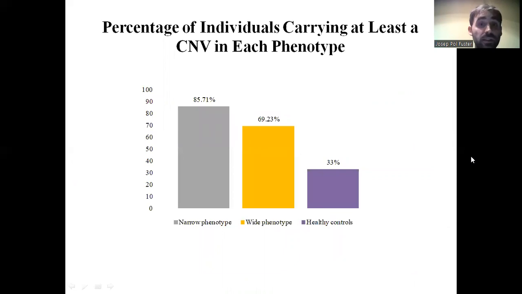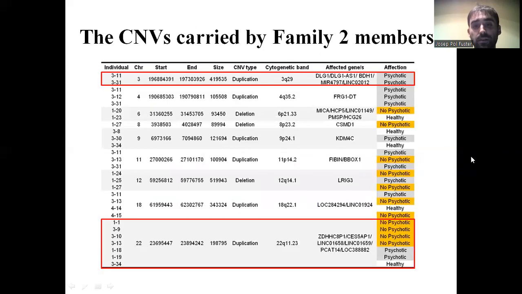With regard to CNVs, we replicated the results that have already been published in the scientific literature. In this sense, psychotic patients carried more CNVs compared to healthy controls of the family. And this was expected, as I said before, from the literature.